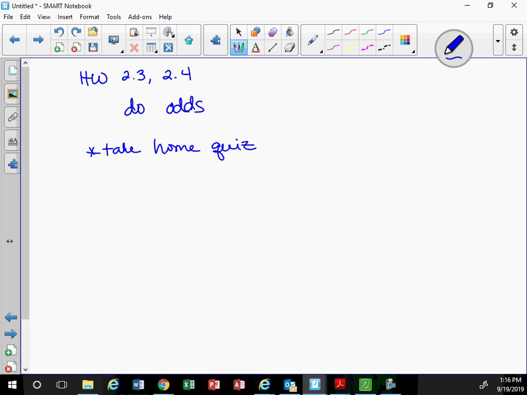My expectations on it, because it is graded like a quiz, so you can use your notes. So it's open notes, but no calculator. I guess I should say no phone.